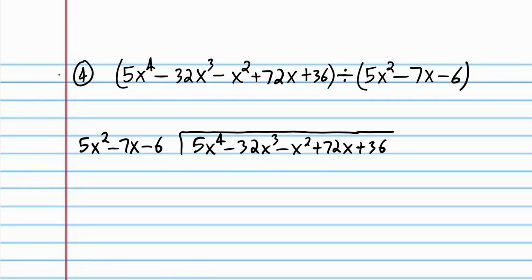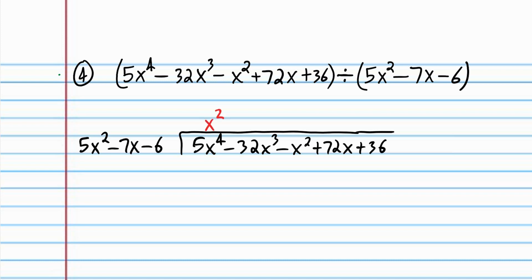Let's double check to make sure we have all those terms right. And step number 1 of cycle 1 is to figure out what number you multiply 5x squared by to get 5x to the 4th. And if you said x squared, you're correct.